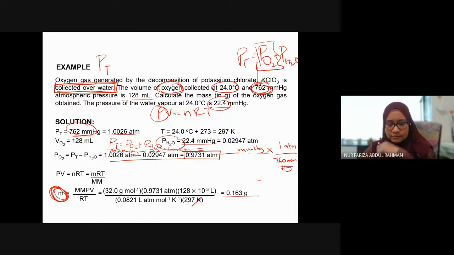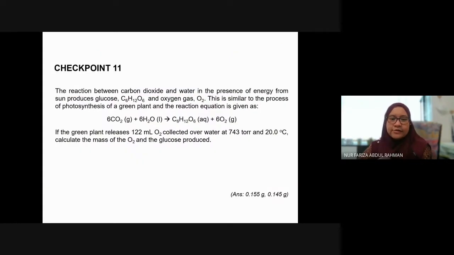Kelvin, mol^-1 with mol^-1, liter with this liter, ATM with this ATM, and we have only gram left. That's why the unit is gram. Alright guys, tolong completekan this one.